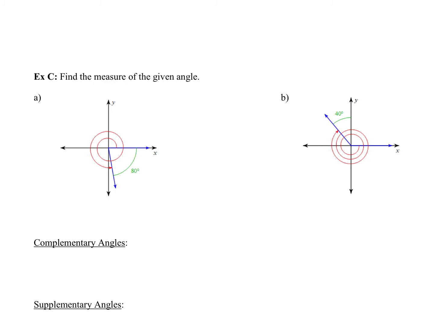So I went 360 twice, but then took 80 away from it. And so I got 640. You could say 360 plus, I don't know, my brain's not working today. Hold on.